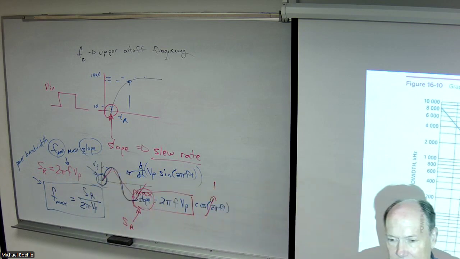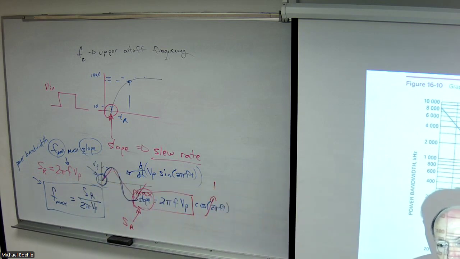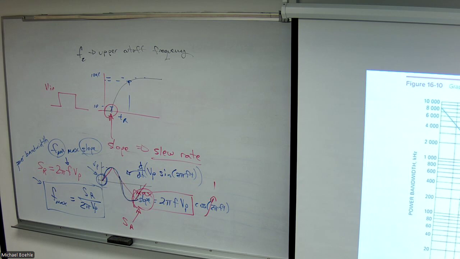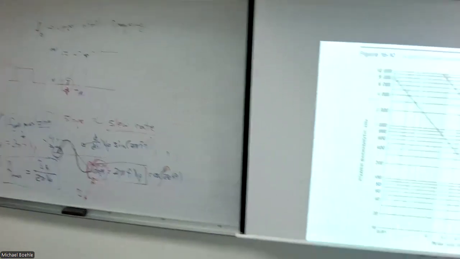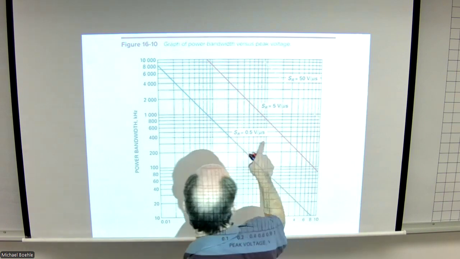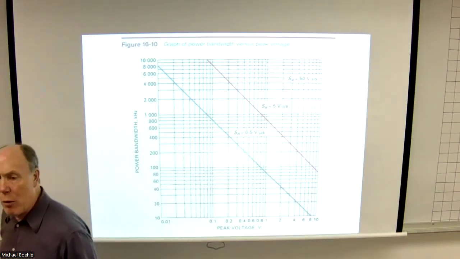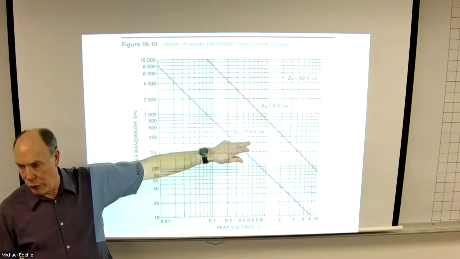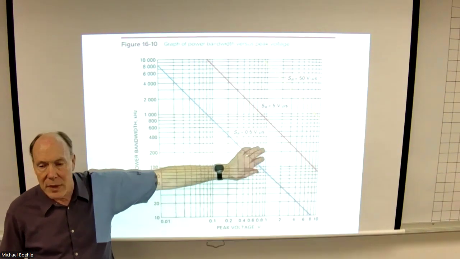Even before you get to the triangle, it starts to distort, but the triangle is the extreme. So that's what this graph is showing us here. And by the way, the slew rate for the 741 typical value is about 1/2 volt per microsecond.